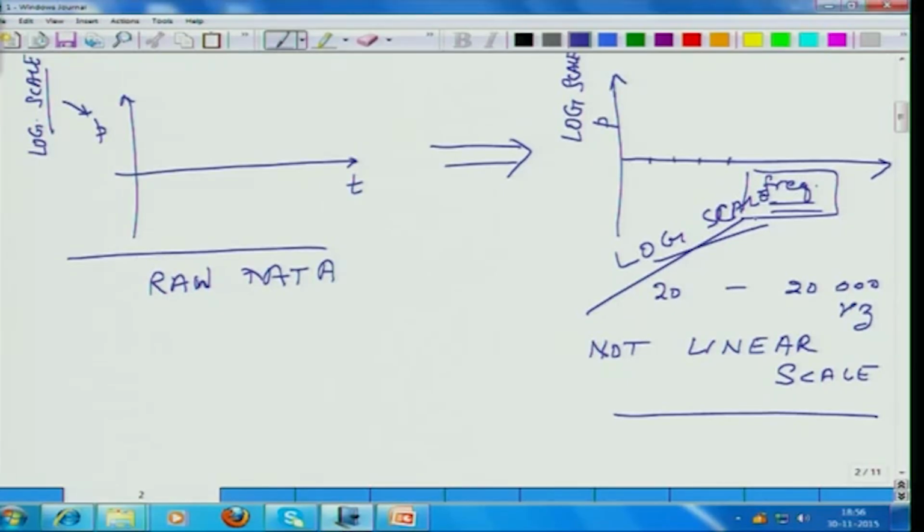So this is the first reason why we use a log scale for plotting, in the context of frequency as well as in the context of pressures. But there's another reason which relates to our perception, and that is what I'm going to talk about next.